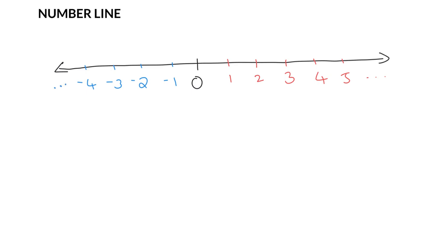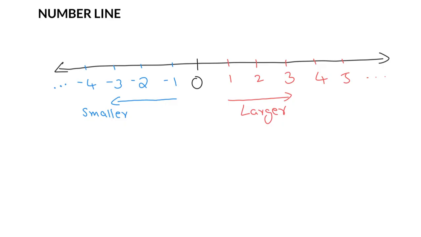We also know that as we move far away from 0 on the negative side, the numbers get smaller. And as we move far away from 0 on the right hand side, the numbers get larger. Of course, we have studied all this in our lower grades.